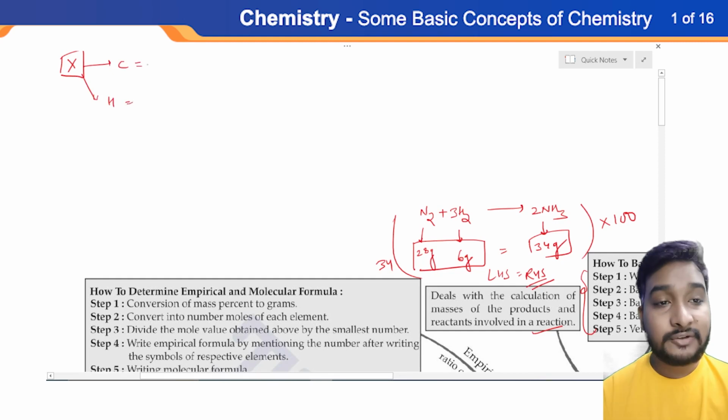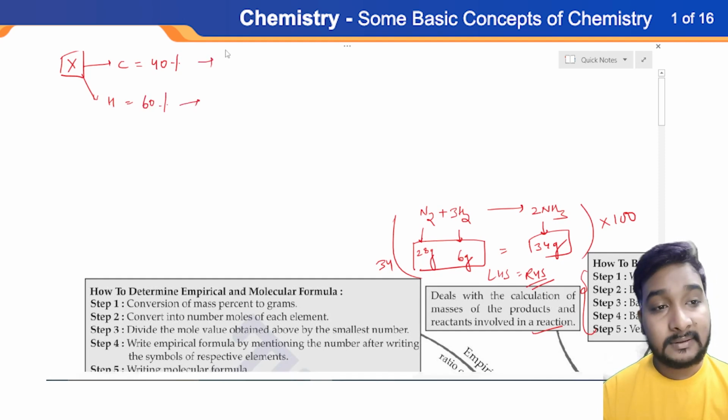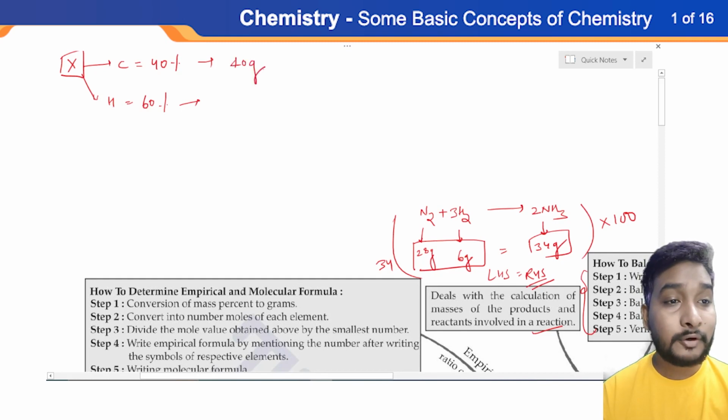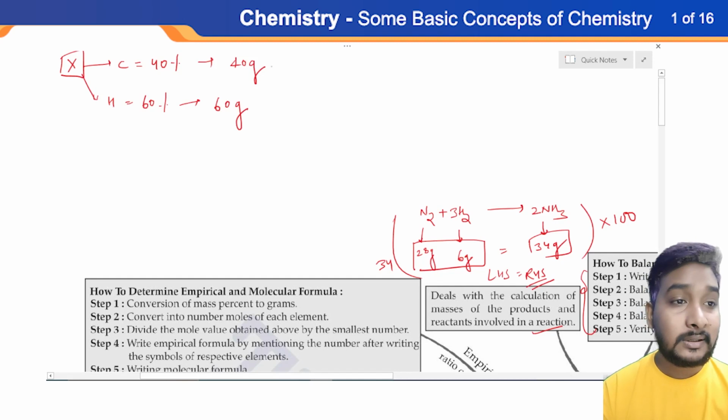The percentage of carbon is, suppose, 40%, and the percentage of hydrogen is 60% for completing the 100%. Okay, now first of all, percentages are given, so we have to convert these percentages into grams. So 40% is converted into 40 gram, and 60% is converted into 60 gram. So what we have to do is remove the percentage symbol and add the gram symbol.